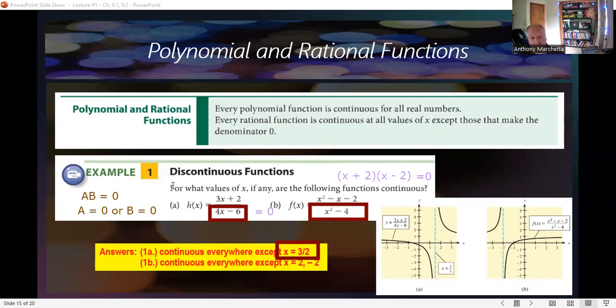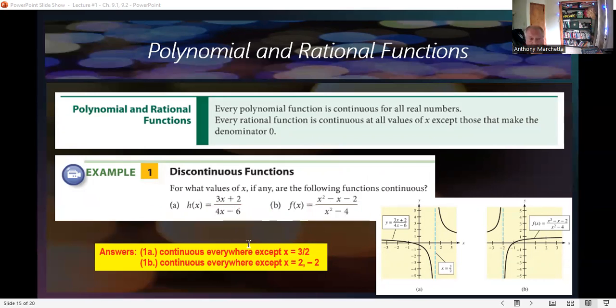So you solve x plus 2 equals 0, you solve x minus 2 equals 0, and you get 2 and minus 2. And of course, that is where it is discontinuous, because remember, you're trying to find those specific values that will make the denominator 0. If you forget, when you take your value of 2 and negative 2 and you plug it in right here, it does yield a 0 back to you, right? All right.